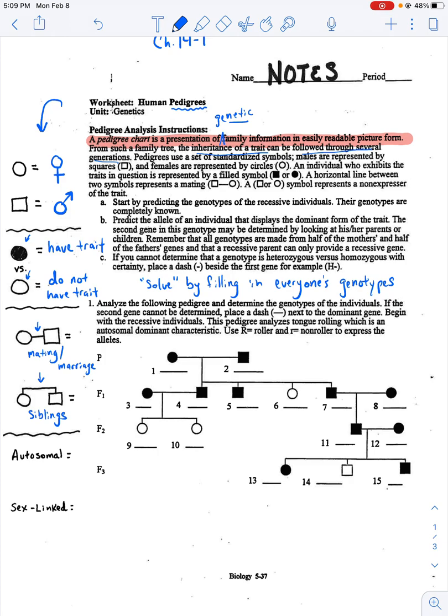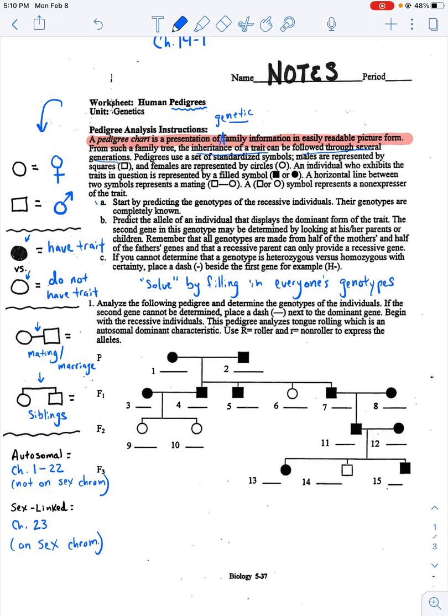A couple of other reminders: if you have an autosomal pedigree, it is on chromosomes 1 through 22, not on the sex chromosomes. And if the trait is sex-linked, it's on chromosome pair 23. So it is on the sex chromosomes. The trait is found on the sex chromosomes. So you typically want to look at the prompt to determine what type of trait you're dealing with in the pedigree. Is it autosomal or is it sex-linked?